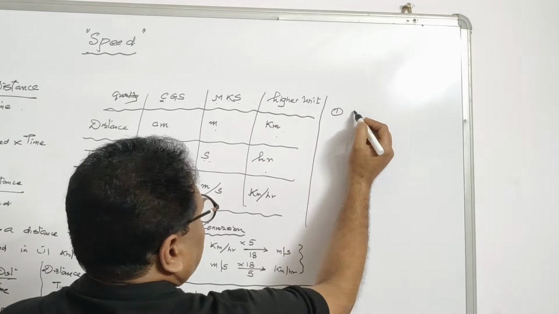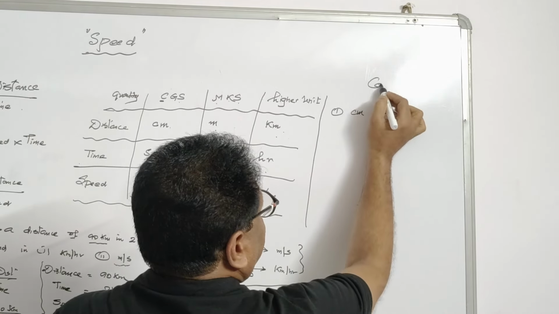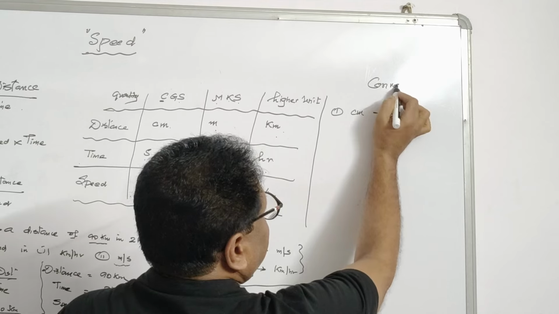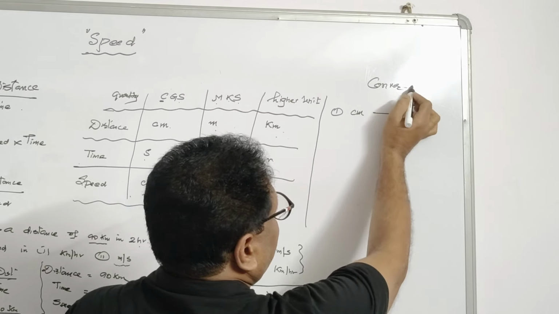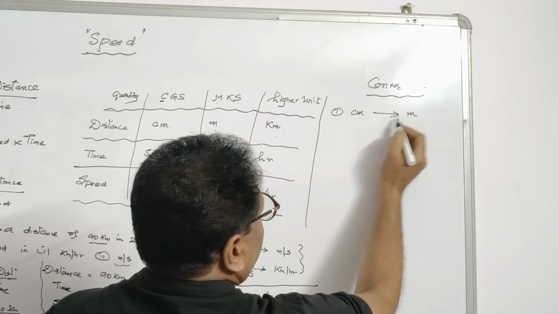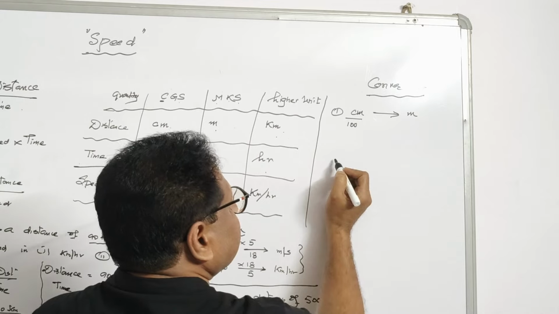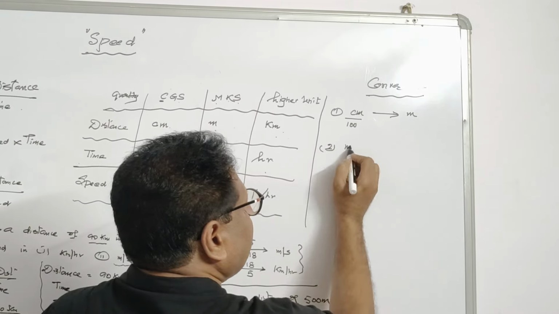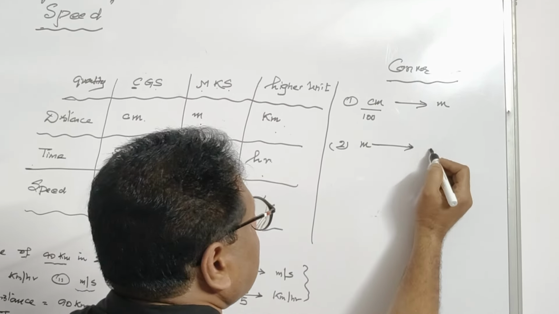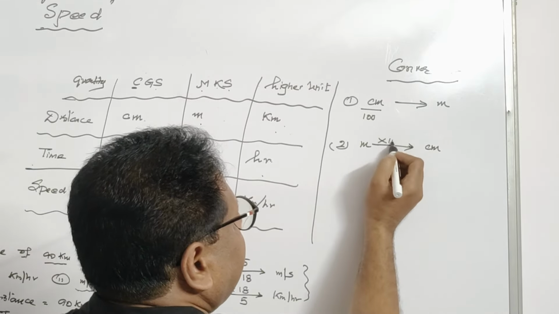Okay, suppose we have to convert centimeters into meters. You might require conversions. If you want to convert centimeters to meters, simply divide it by 100. Second, if you want to convert meters to centimeters, simply multiply by 100.